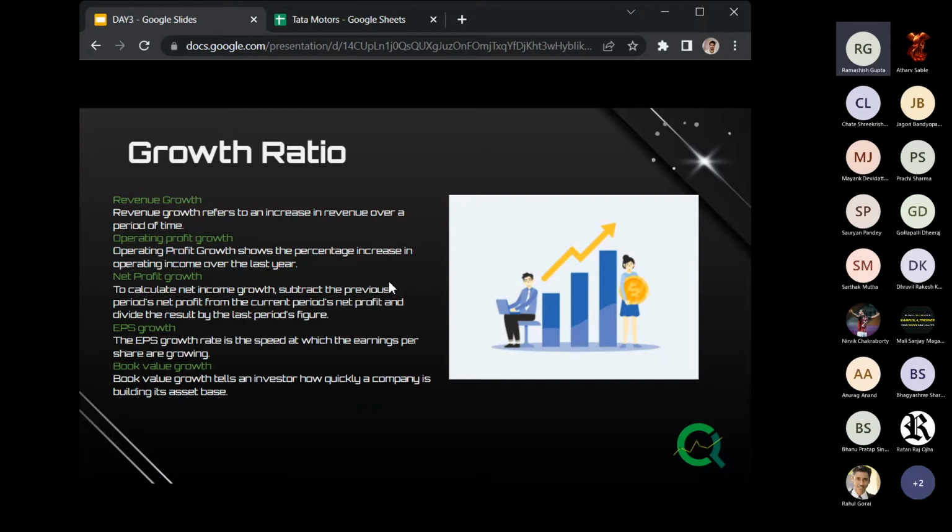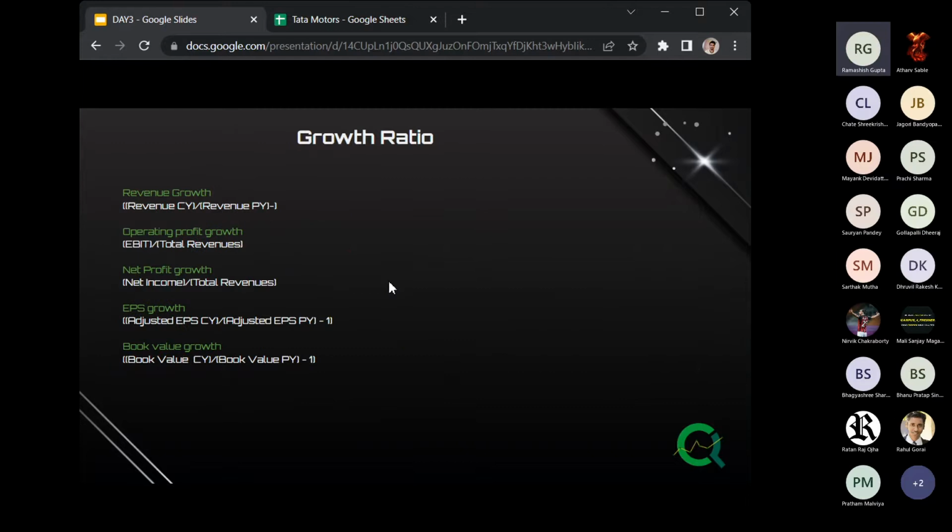Next is EPS growth, how much growth we have got in the earning per share. And the next is book value growth, whether the book value of the stock has increased or decreased. The formulas for these are here, and I'll just run them on Tata Motors.